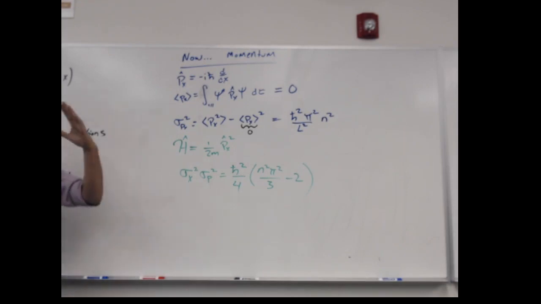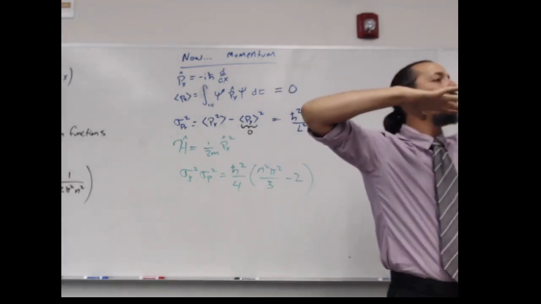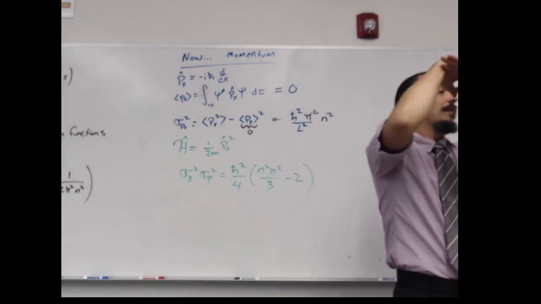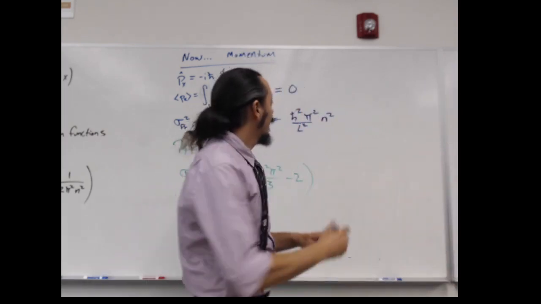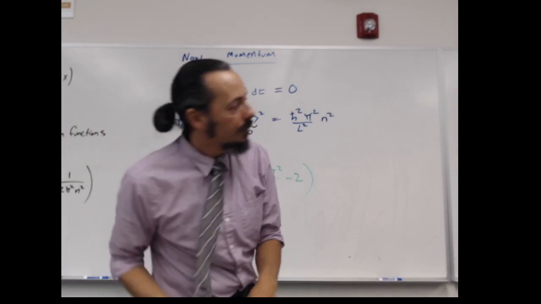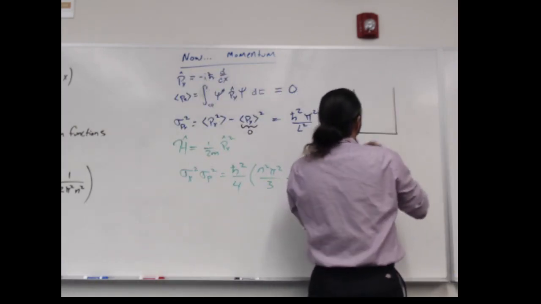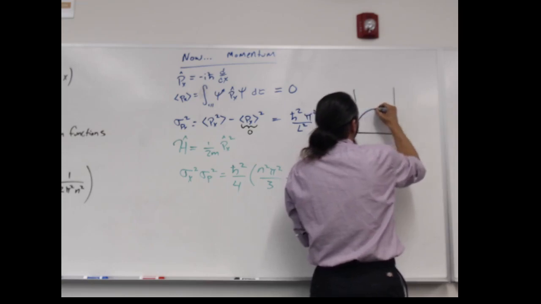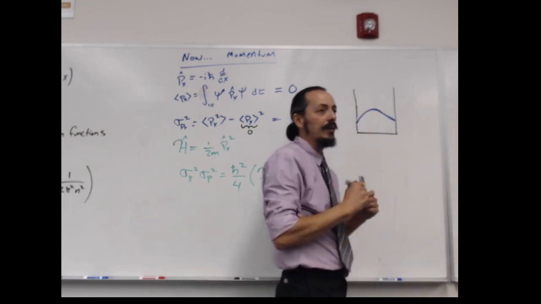So a bigger box, so the particle is essentially, its position is going to spread out to fill the whole box. So I should draw a sine function. So if we look at the n equals 1, we end up with a sine function kind of like that. That's a terrible drawing of a sine function.